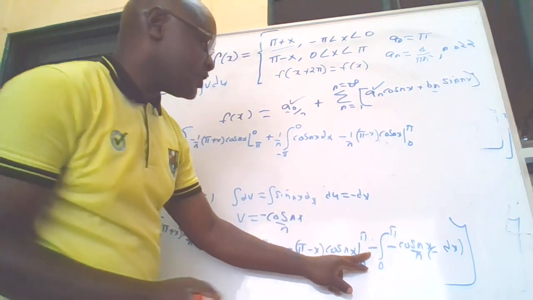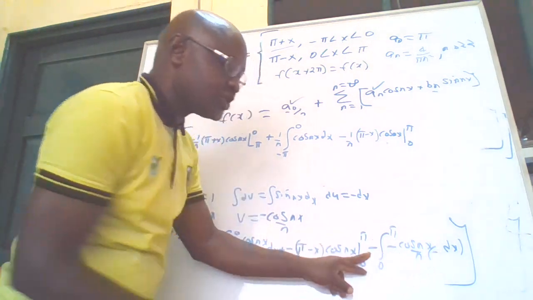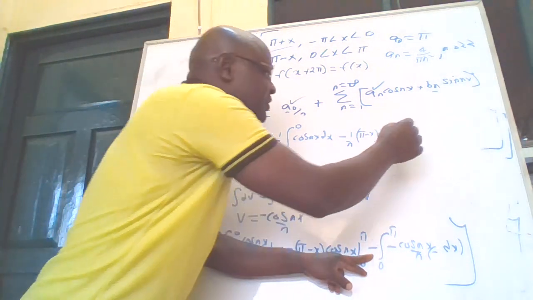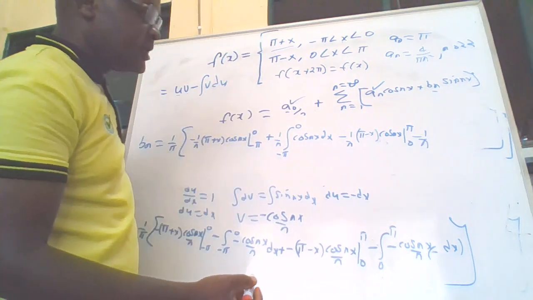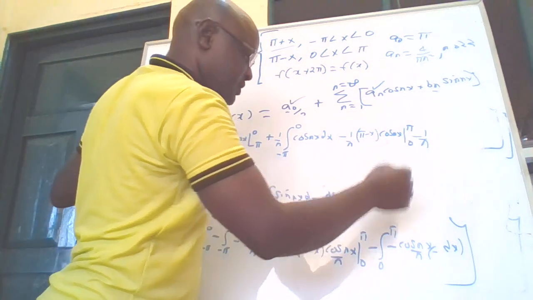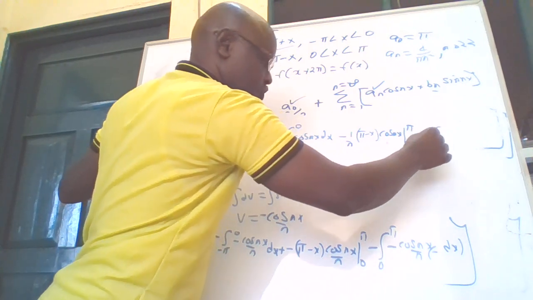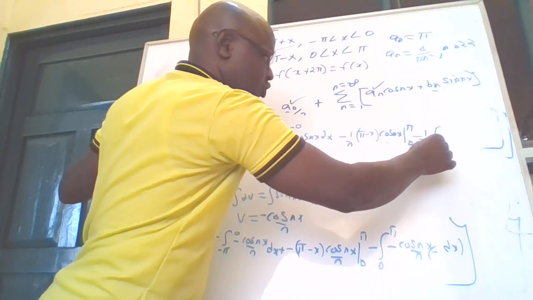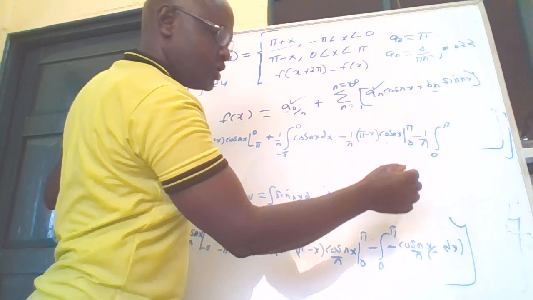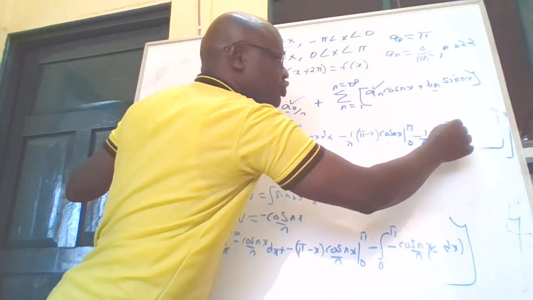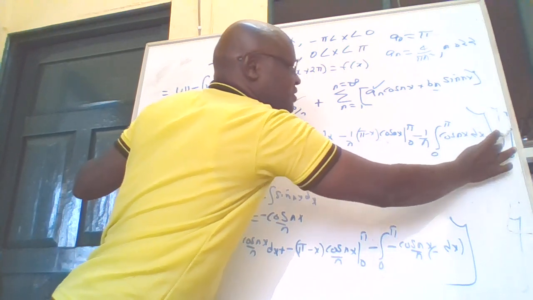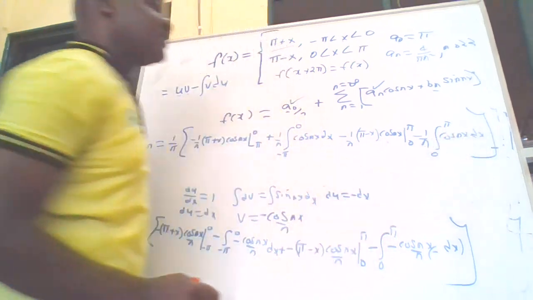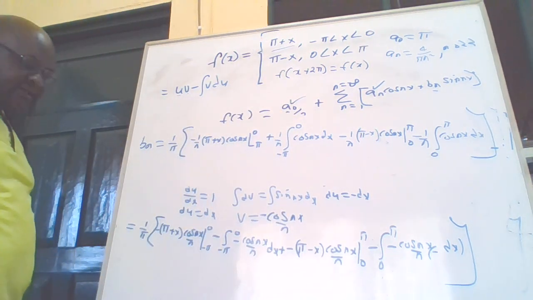This sign and that will cancel, so this will remain minus 1 over n, you take out 1 over n, then we remain with the integral from 0 to pi of cos nx dx, like that.